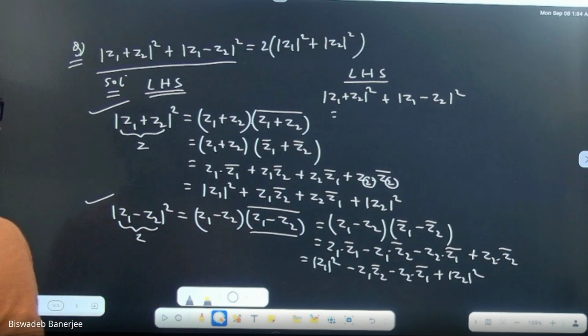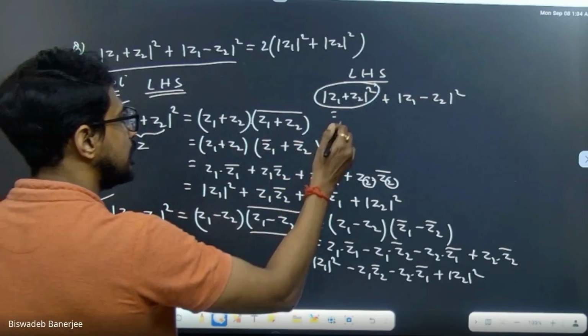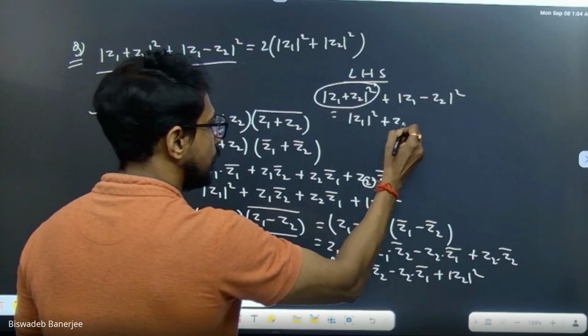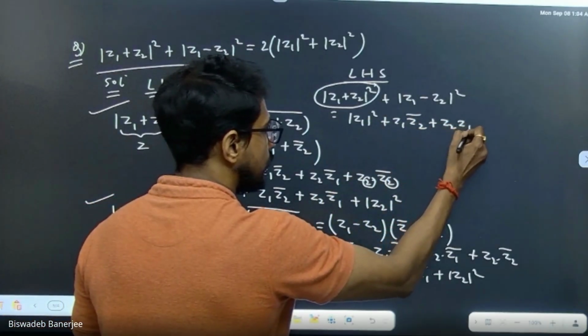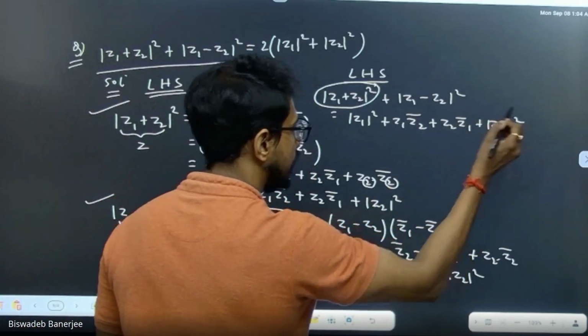The value of mod Z1 plus Z2 square will be mod Z1 square plus Z1 into Z2 bar plus Z2 into Z1 bar plus mod Z2 whole square.